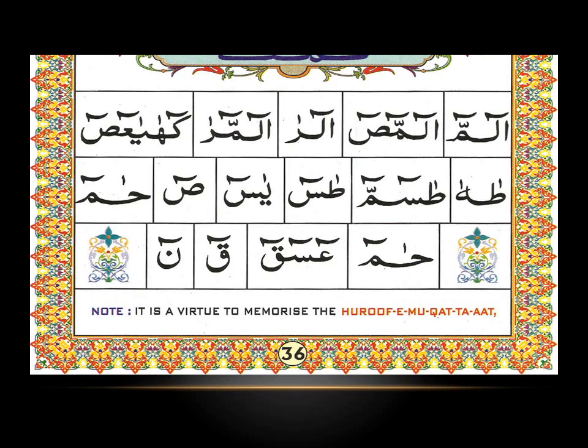Okay, one last time, alif, lam, mim, ra. Okay, that's done. Last box of the first line. Here there are 5 letters, a little bit longer. You need a longer breath for it.